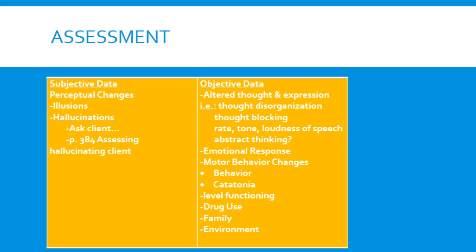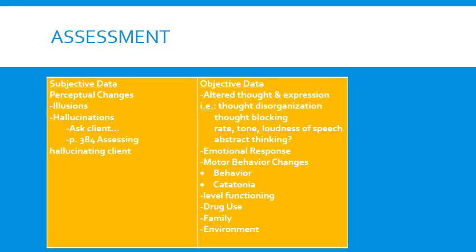An example of this would be if they have any type of thought disorganization, and we covered many of those types, such as thought blocking, back in earlier parts of the outline, so you may need to go back and review those. We are also looking at rate, tone, and loudness of speech, if they're continuing to talk and not stopping at all, if they're jumping from topic to topic, or is their speech very slow and hesitant.